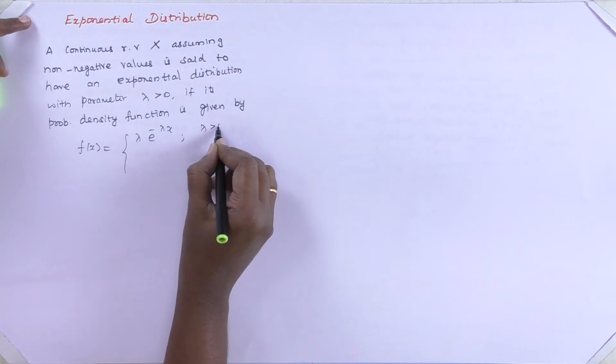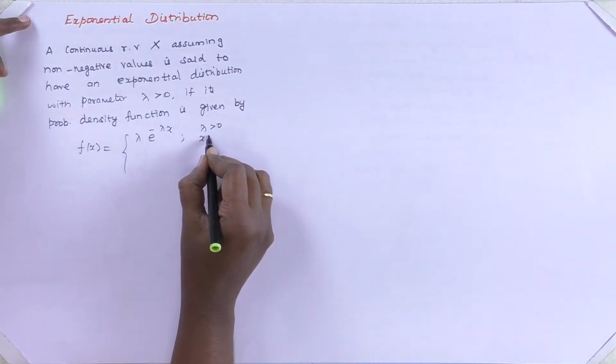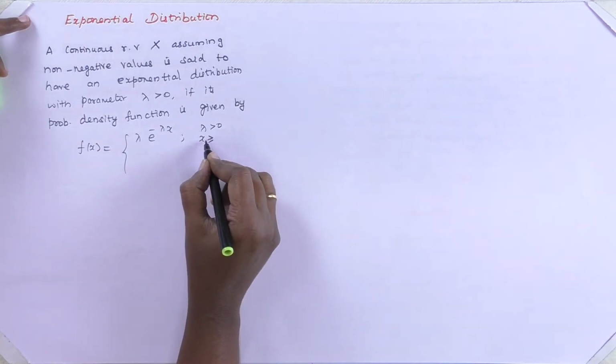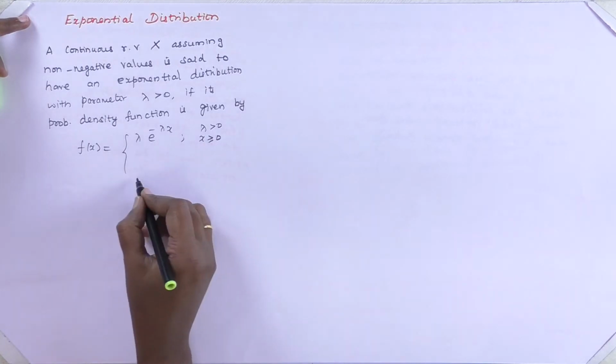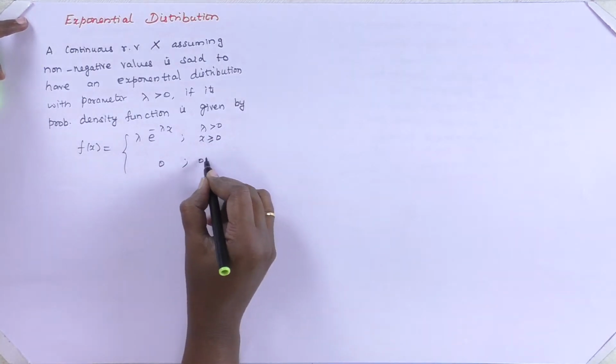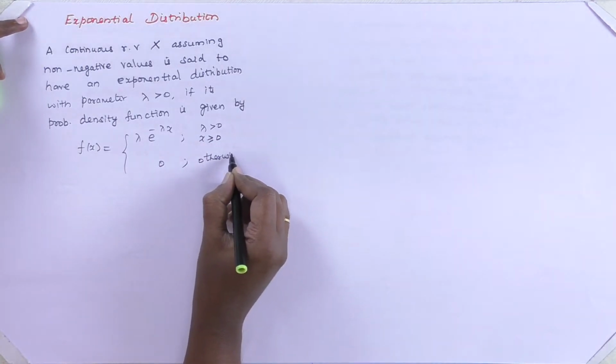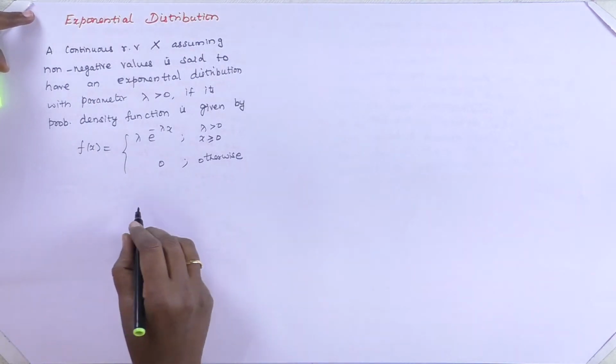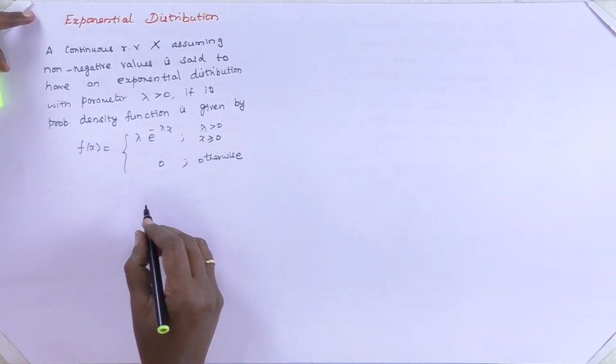Here lambda is a parameter greater than 0 and the random variable x is greater than or equal to 0. Otherwise the function will become 0. This is the probability density function of the exponential distribution.